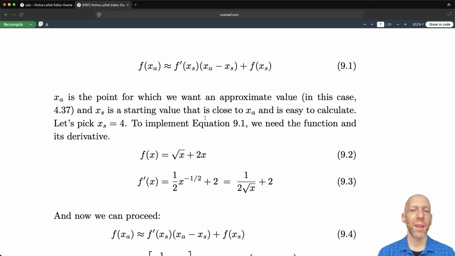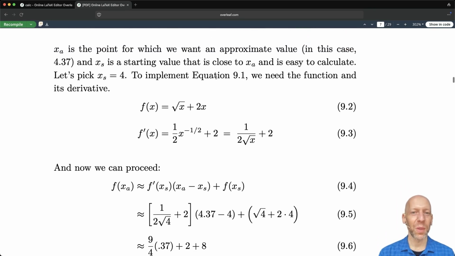In this section, I discussed how to think about this function, and basically it's just a formula for a line. So we have y equals mx plus b. It's literally just the equation for a line, with slightly different variable names to get this linear approximation to work. And then we use this formula to test our Python code.